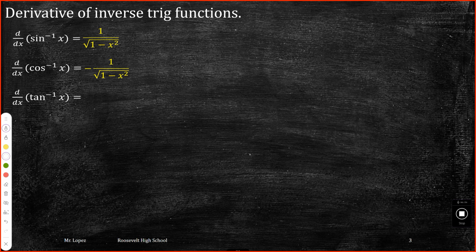Absolutely 100% you need to memorize the derivative of tangent inverse. That's for sure. This one comes up a lot in the second semester. The derivative of tangent inverse of x is going to be 1 over x squared plus 1, or you can just say 1 over 1 plus x squared.